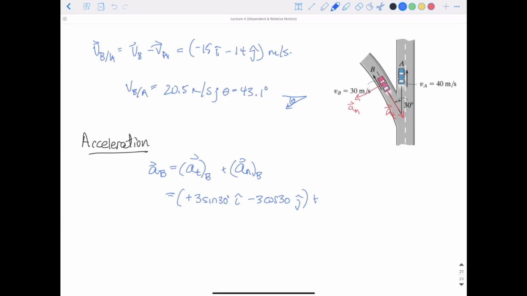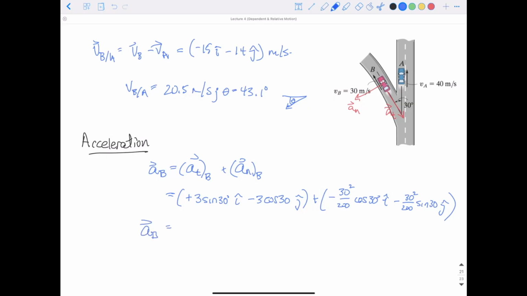And we have to add our normal acceleration. So our normal acceleration is our speed squared divided by our radius of curvature. So for our first component, we would have -30 squared, which is our speed squared, over 200, our radius of curvature, times cosine of 30 would give us our x component, minus 30 squared over 200 times sine 30 times j would give us our j component.